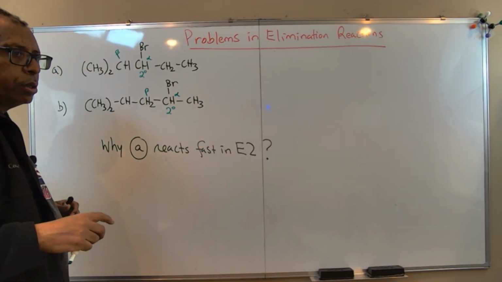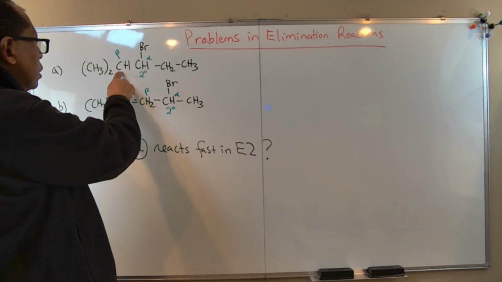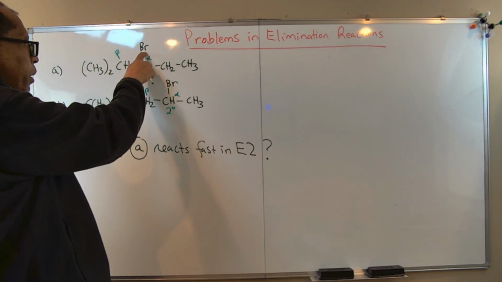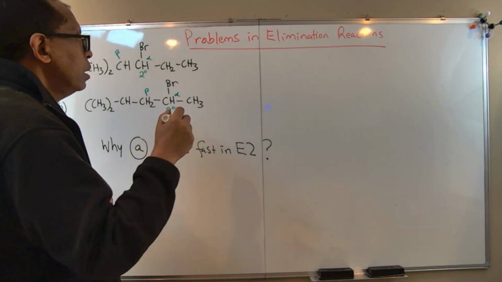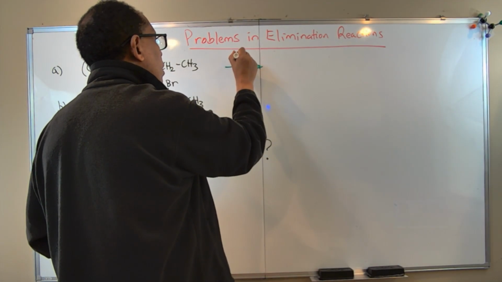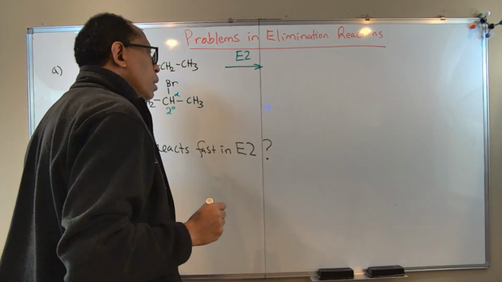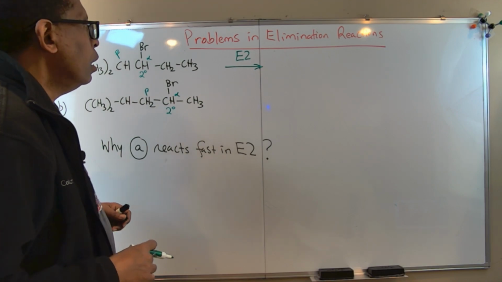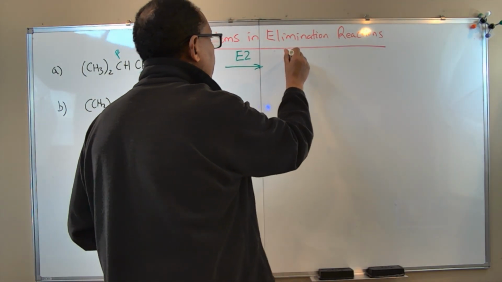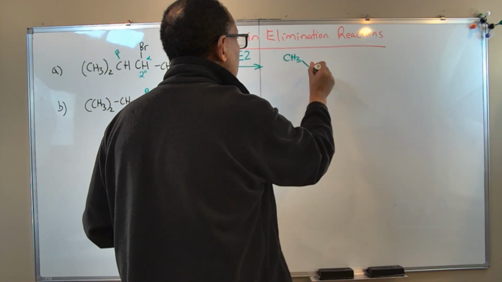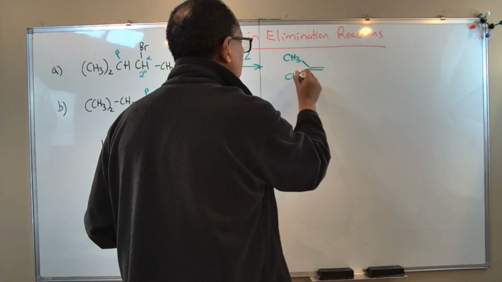If we eliminate this hydrogen and this bromine from the alpha carbon, the product you'd get, obviously E2 is a reaction you have to do, that means a strong base is implicated. So the product for that would be CH3, CH3.